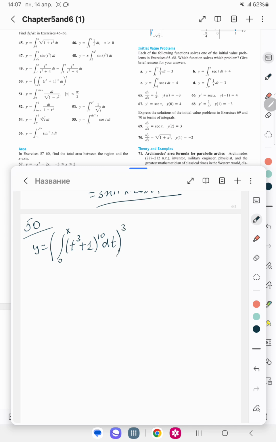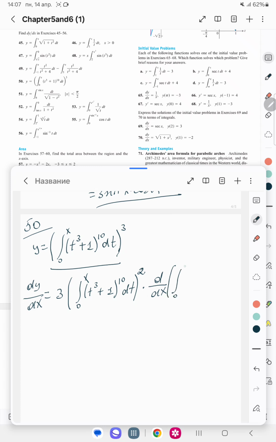So what we have to do to find dy over dx: the derivative of this function will be, since this is a power function, 3 times the integral, I will just copy this, dt squared, and then the derivative of the inside function, d over dx of the integral of t cubed plus 1 to the power of 10 dt.